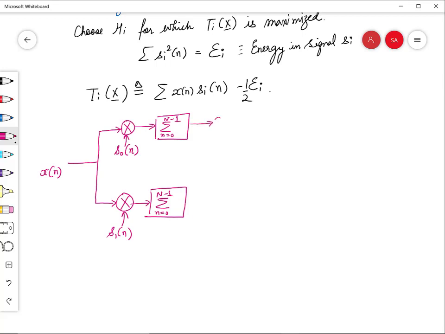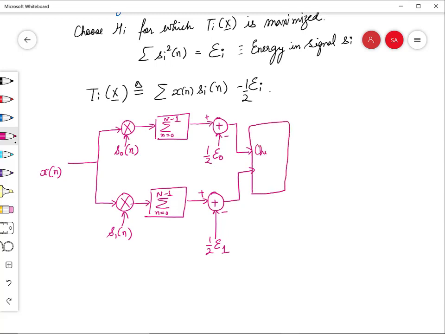And then I do a biasing. So I add here and subtract this energy, which is half of E0 here, and this is half of E1, and then I feed these to my decision making process and choose the max, and then you get H0 hypothesis to be correct or H1 hypothesis to be correct.